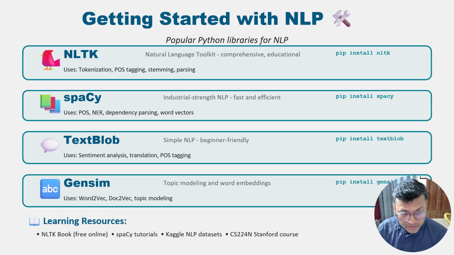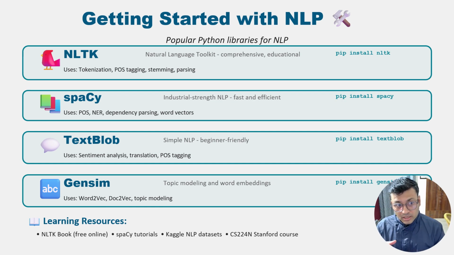And then Gensim, which is for topic modeling and word embeddings. What we talk about is word2vec, and it also does doc2vec and topic modeling. So these are a few libraries I've given you, very prominent ones in the market, including commercially. So please go through them.